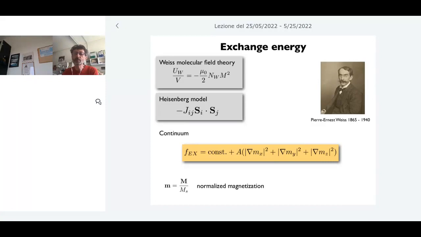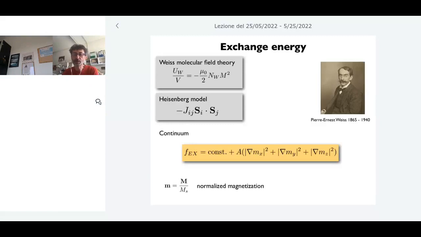So you have to take the derivative of each of the three components of the magnetization vector and make the square of each of them. That one is a definite positive quantity, and you clearly see that it's minimized only if the gradients are all zero. That is, inside the domain where the magnetization is uniform.